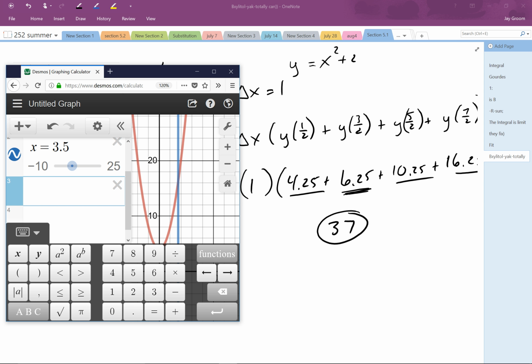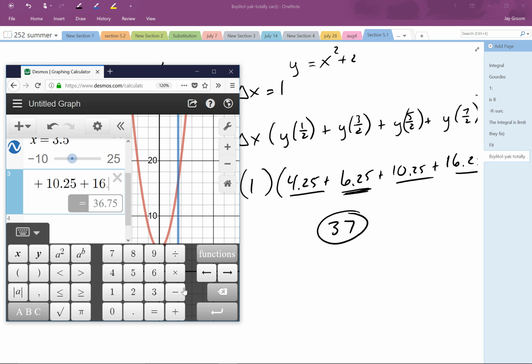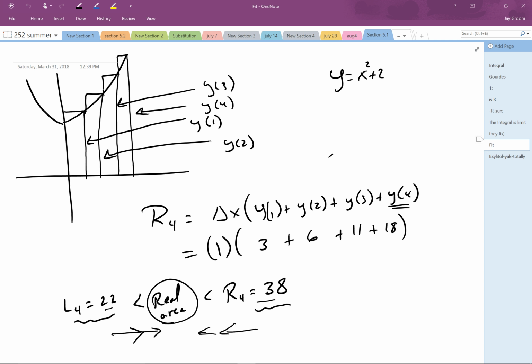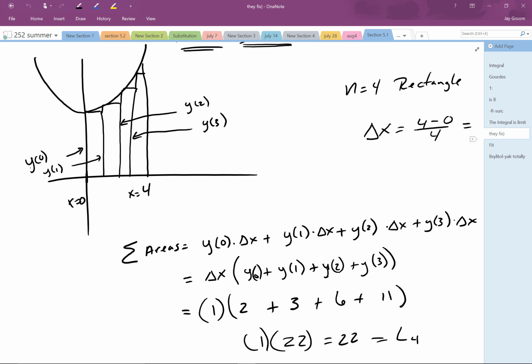So 4.25 plus 6.25 plus 10.25 plus 16.25 is 37. Well, somewhere I added something funny. Maybe it was the other one.